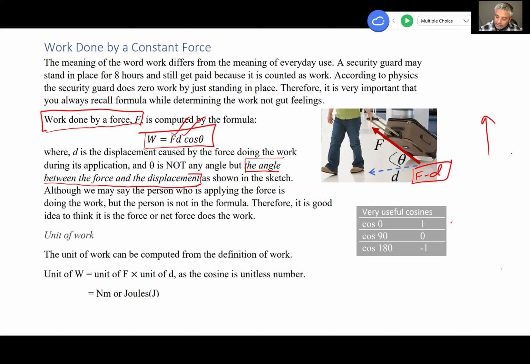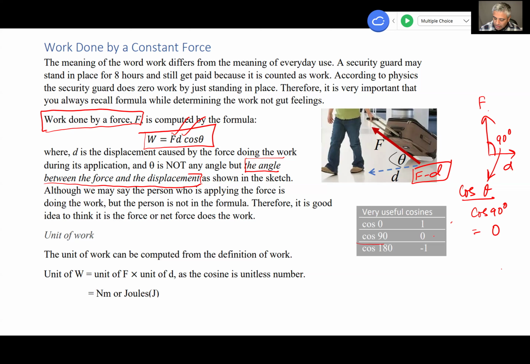So for example, if displacement is going something like that, then the angle is going to be this angle, and we know this angle is 90 degrees. So that's the angle that goes in the cosine theta, because the cosine of angle between force and displacement.